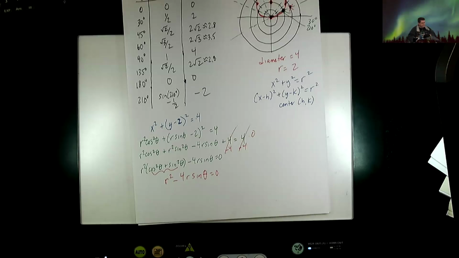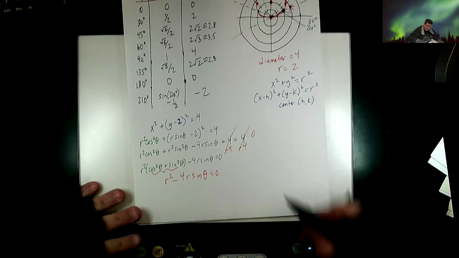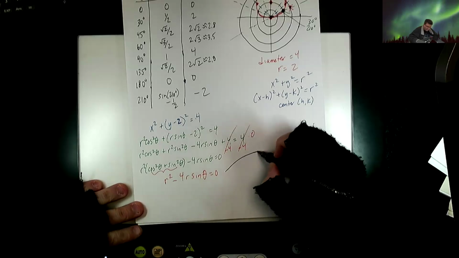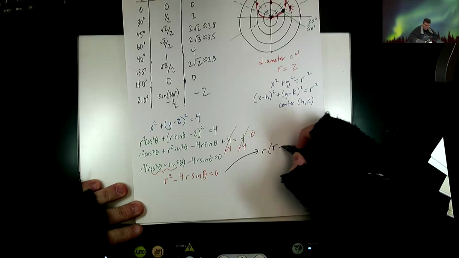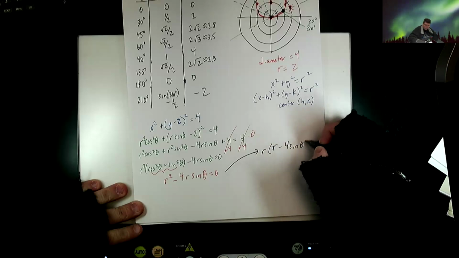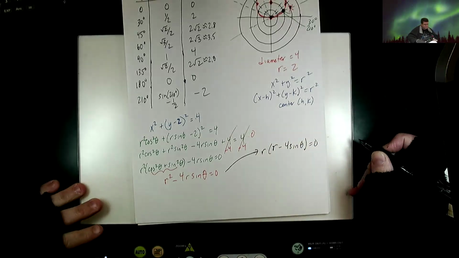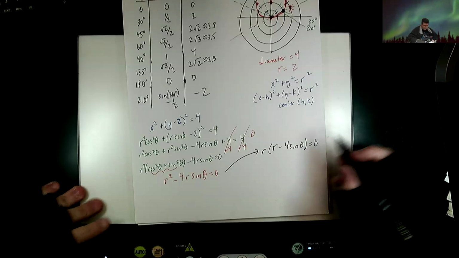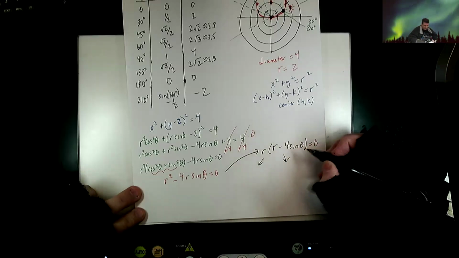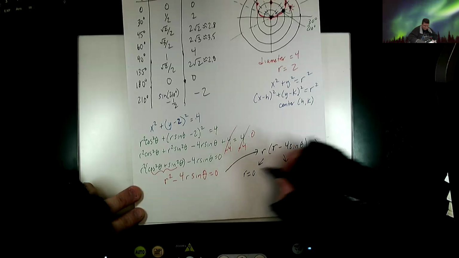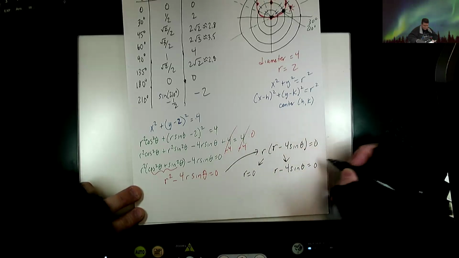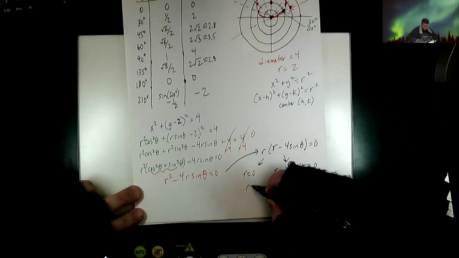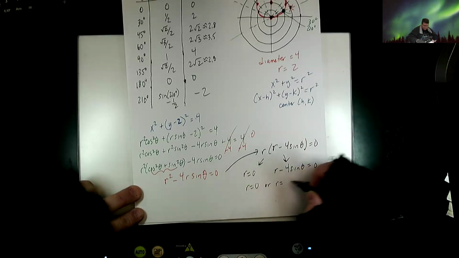Rude. I can factor out an r. And now we've got two factors equaling 0. We set both equal to 0, and I get r equals 0 or r equals 4 sine theta.